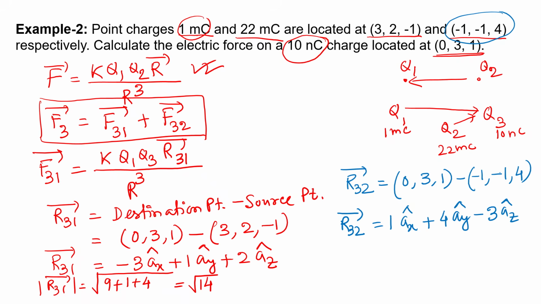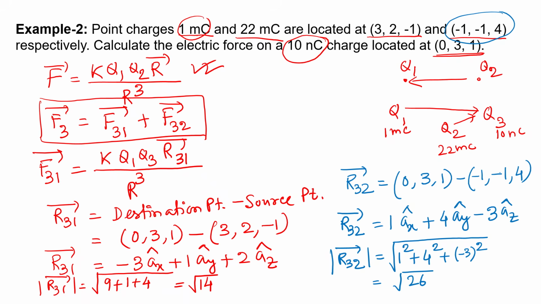Similarly here, the modulus of R32 will be equal to the square root of 1 squared plus 4 squared plus minus 3 whole squared. So this will be 1, 4 squared is 16, and 3 squared is 9. So 1 plus 16 plus 9 is 26, square root 26. So this will be my value of R32.